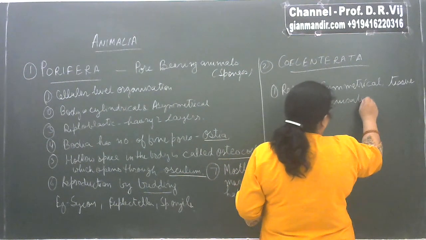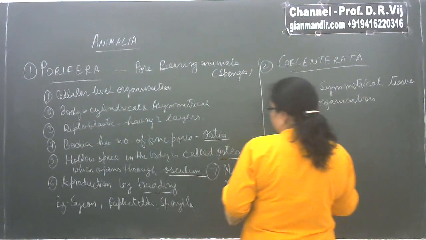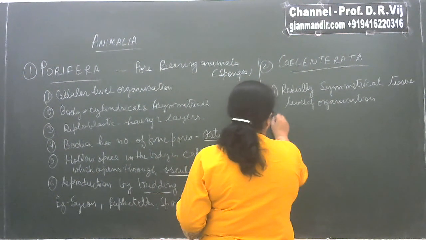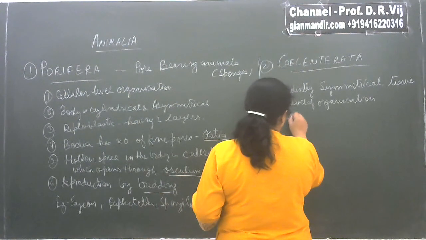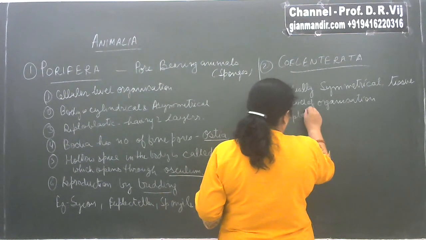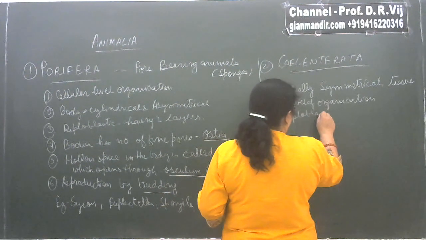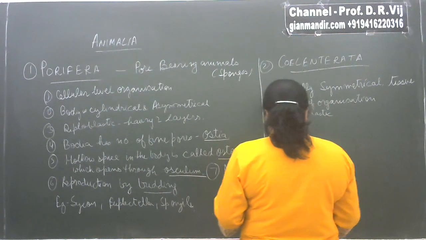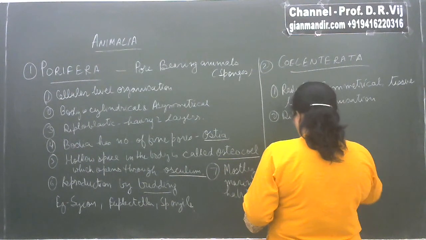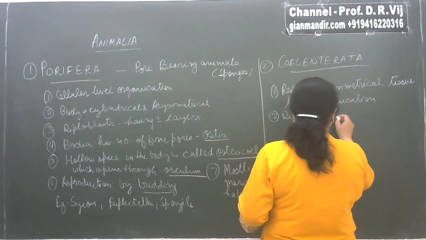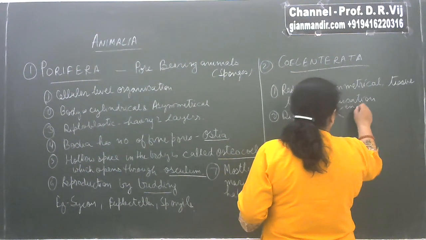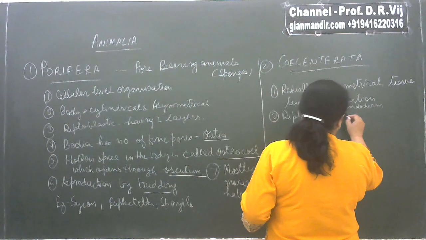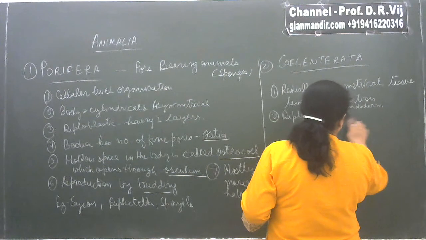That means their body is a bit more complex as compared to Porifera, and like Porifera, they are also diploblastic. That means the body has two layers, endoderm and ectoderm. The inner layer is endoderm and the external layer is ectoderm.